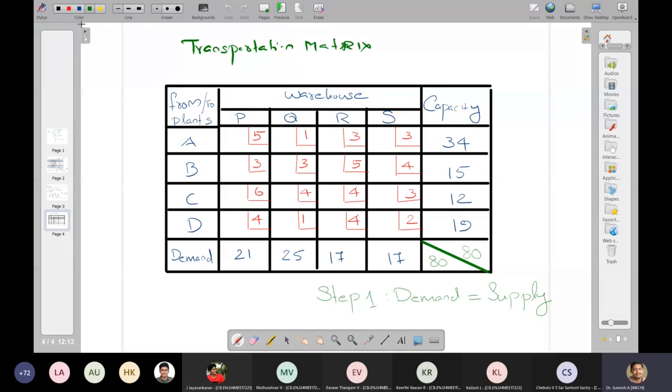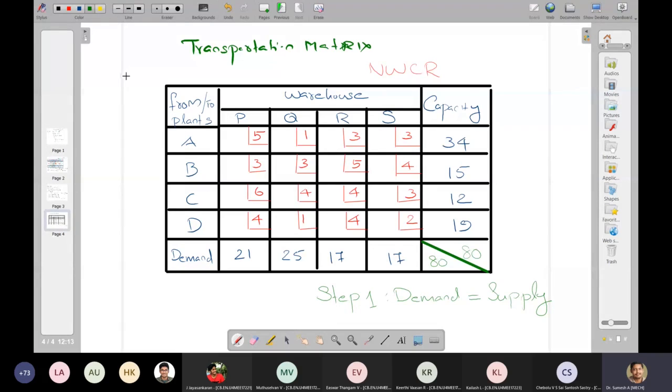I will solve the problem by using the northwest corner rule method. Whatever your northwest corner is, you don't need to bother about anything else. You just have to give your assignment over there.